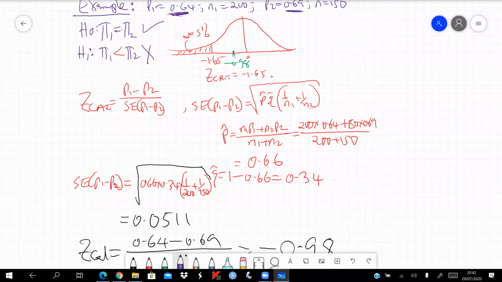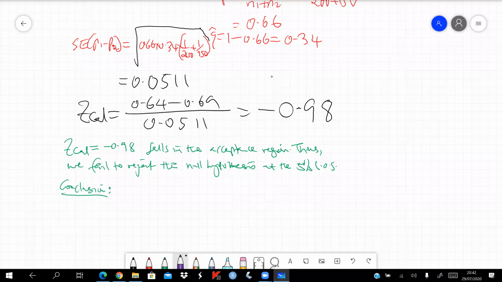So according to what I've put there, there is no increase. Pi 1 is equal to pi 2. We fail to reject the null hypothesis, so whatever looks like an increase from 64 to 69% is a mere sampling error. It's just because we used a different sample, and the two values are not significantly different.